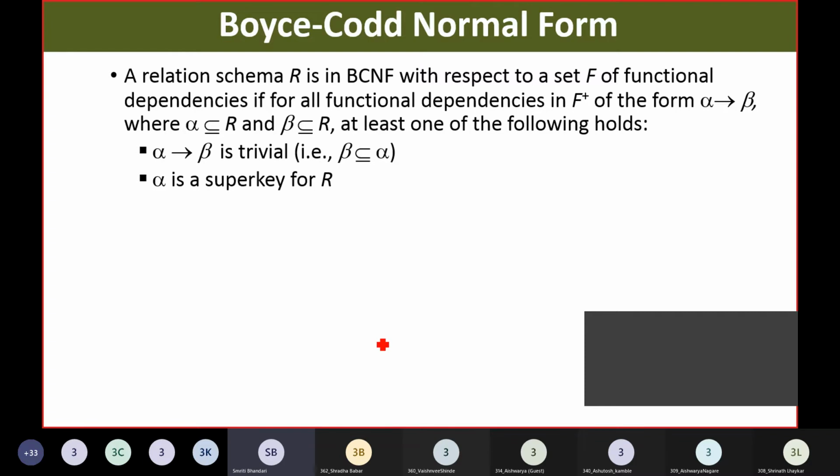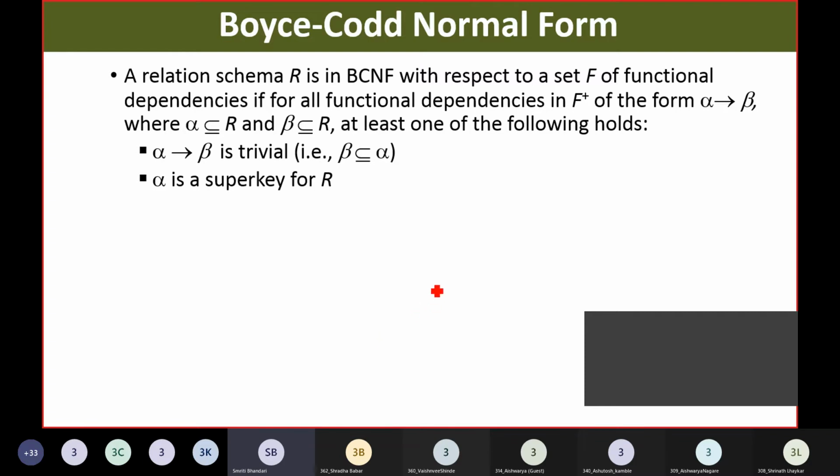This normal form was introduced by 2 scientists, Boyce and Codd, and that is why the name BCNF, Boyce-Codd Normal Form. So to remove the redundancy that may exist in third normal form, we come up with a still more stringent normal form than 3NF, and that is known as BCNF.